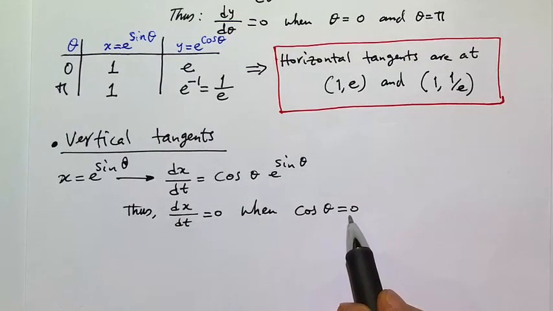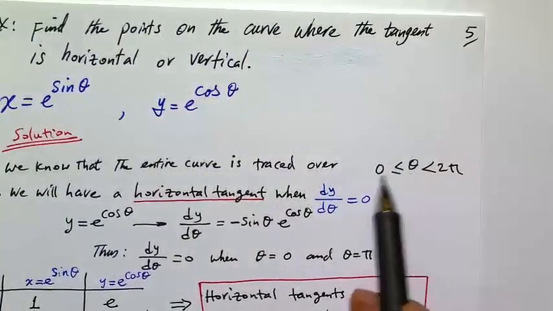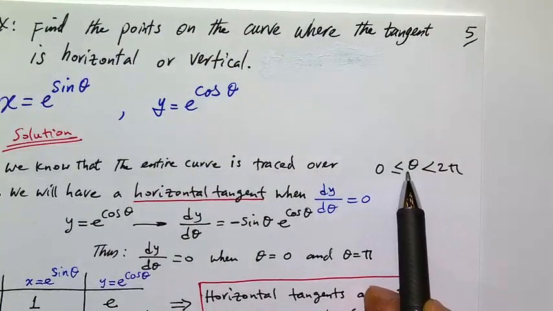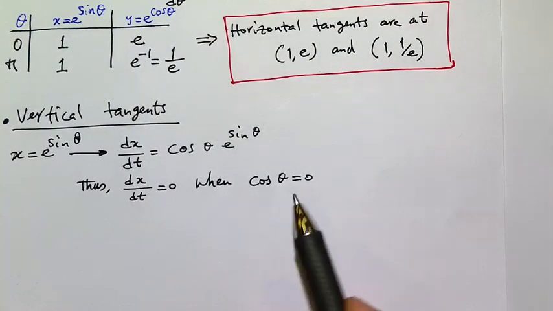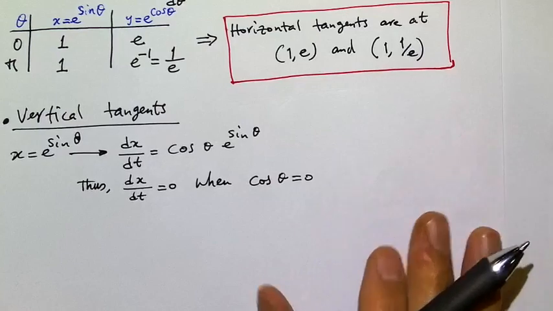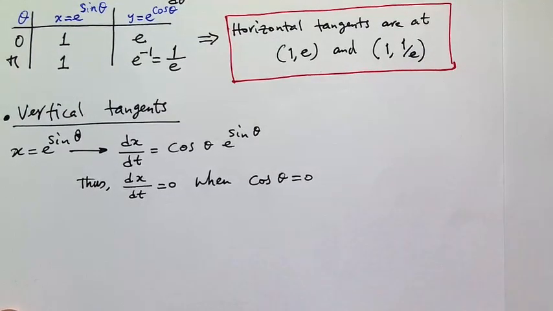Within this interval for theta, the theta values that make cosine of theta equal to 0 are pi over 2 and 3 pi over 2.